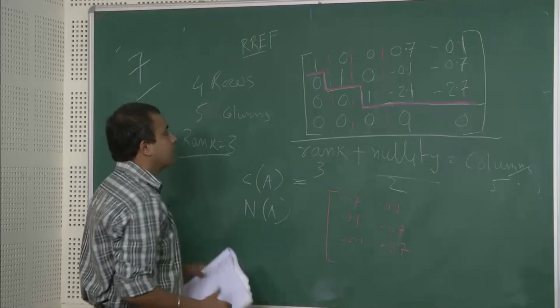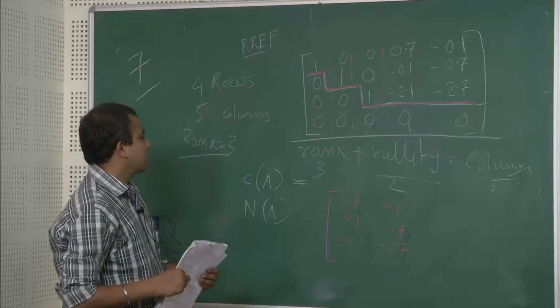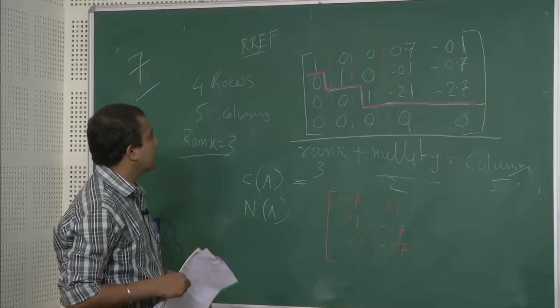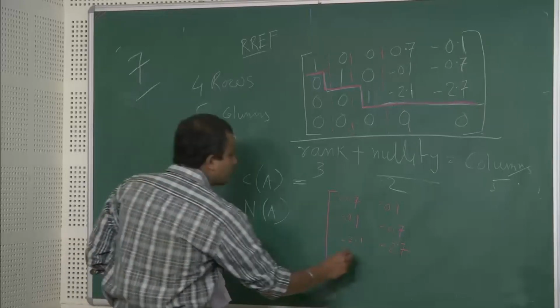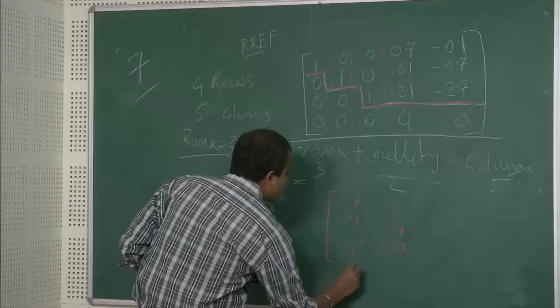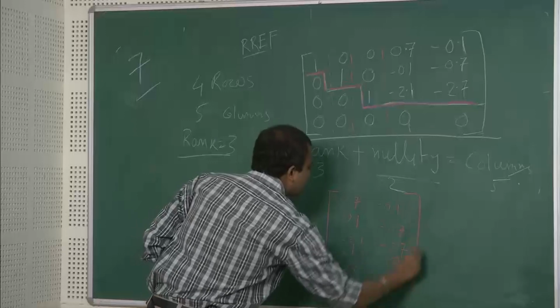Once you get it, there are these pivot columns and there are these free variables. In these free variables you are free to choose the values of the variables, so you can as well choose 1 0 0 1.